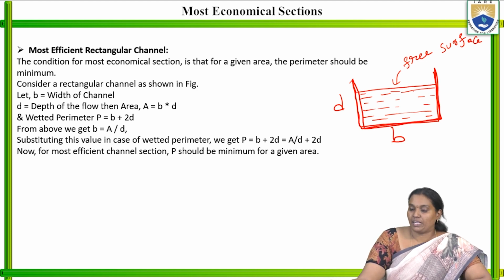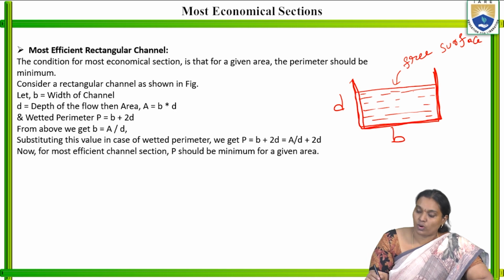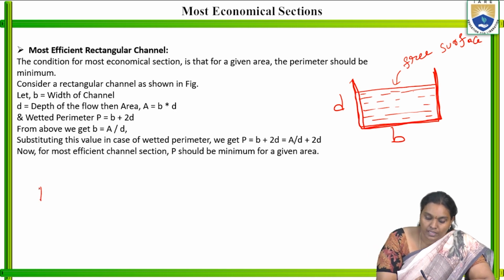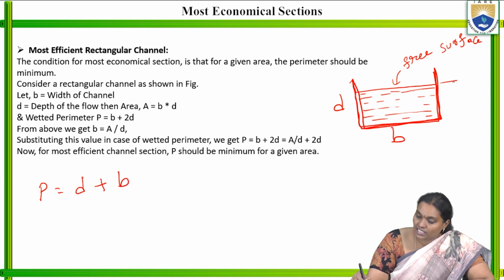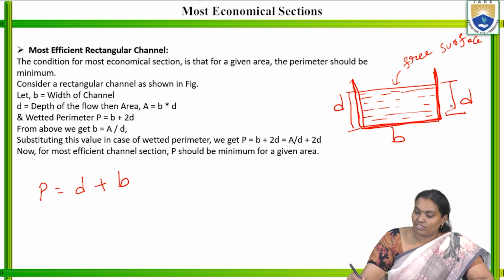So the wetted perimeter for the rectangular section is P equals D plus B plus again D. D is the depth of the channel, meaning the depth of the water flow, how much water is flowing. It may vary from here or here depending upon the water flow. B is the width of the channel.